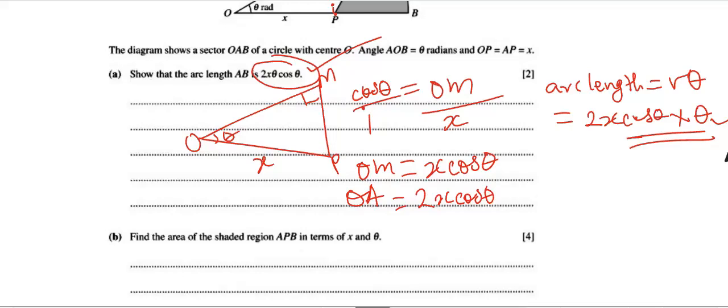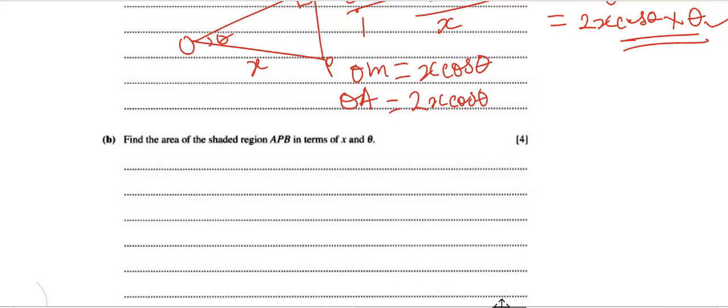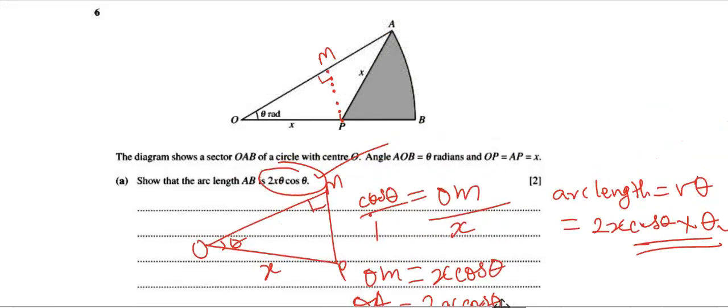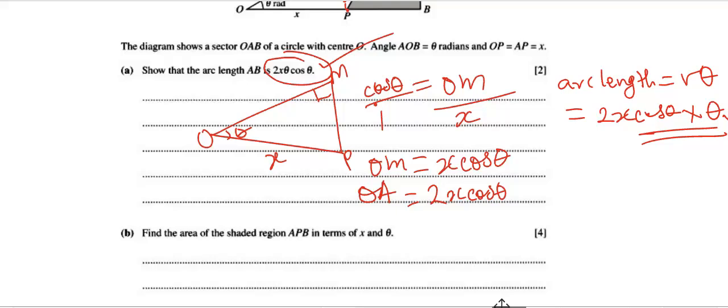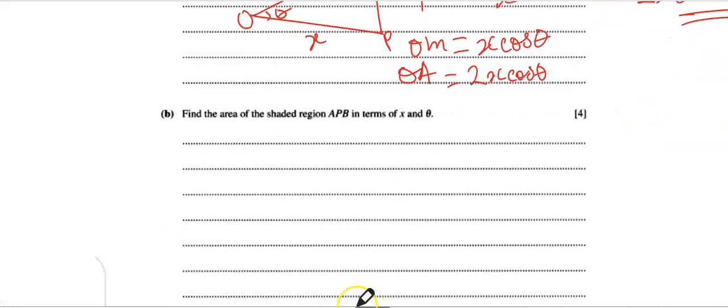Now let's look at B. Find the area of the shaded region APB in terms of x and theta. The shaded region is this part, so we want to find its area. For us to find the area of that shaded region, let's look at sector OAB.